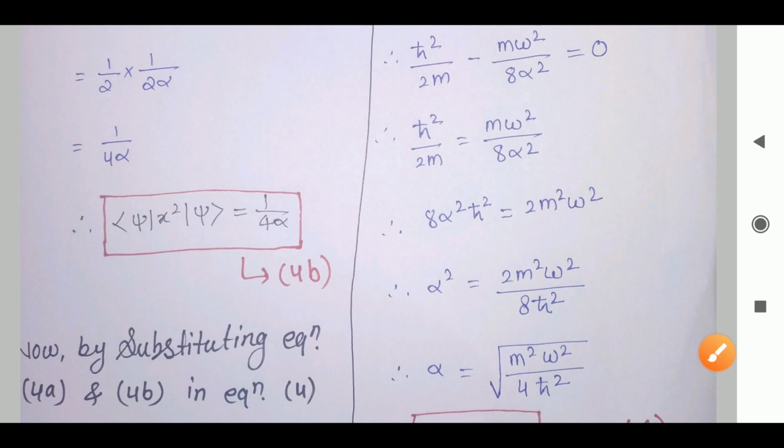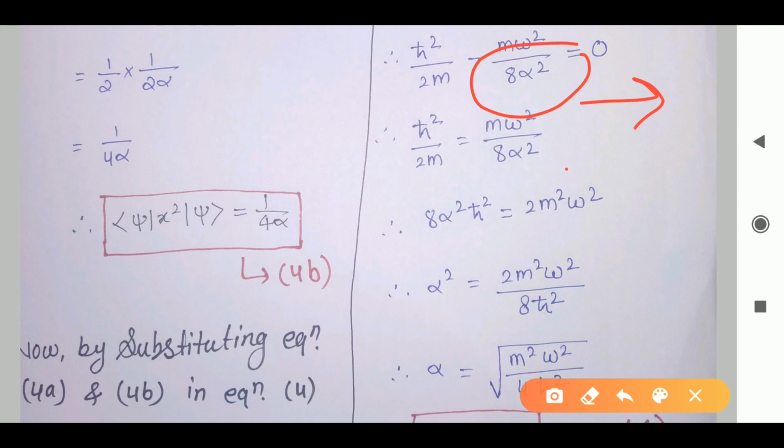Now what I can do is take this whole term to the right hand side, so it becomes positive. Now by doing the cross multiplication, here we will get 8 alpha square h cross square, and here we will get 2m into m omega, that is 2m square omega square.